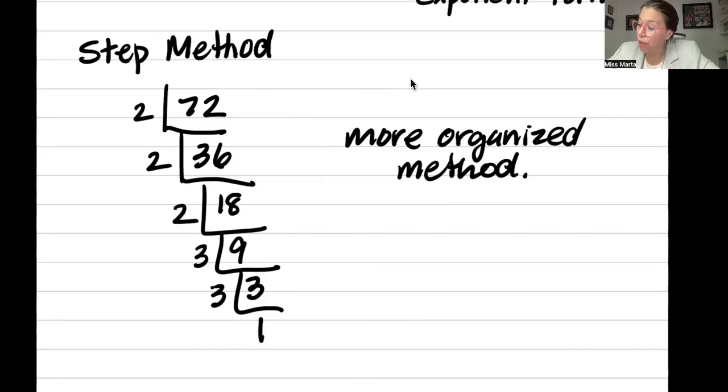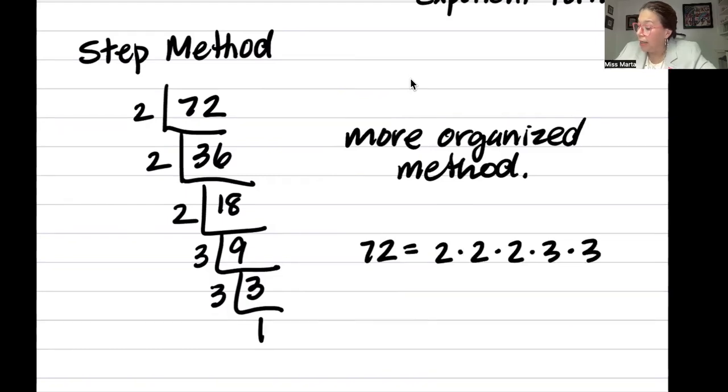So if you take a look right here, you'll notice that all my prime factors are already written right here in order from least to greatest. So I have that 72 equals 2 times 2 times 2 times 3 times 3. And again, I can write this in exponent form as 2 to the 3rd power times 3 to the 2nd power.